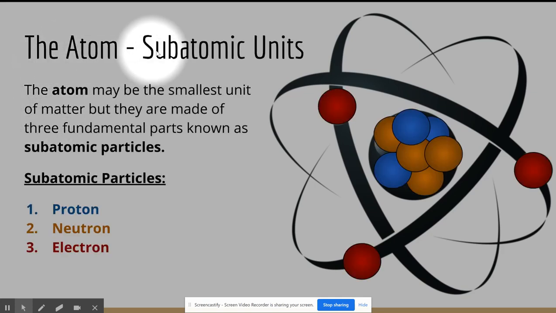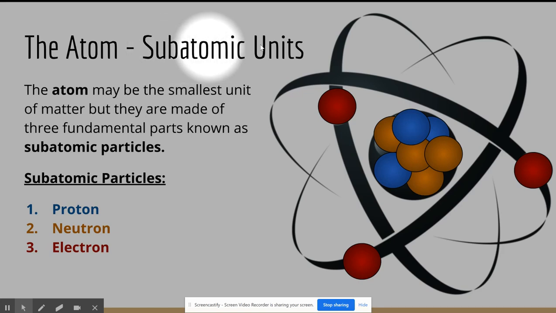The atom itself is actually made of smaller individual pieces known as subatomic particles. Sub means below. If you think of the word submarine, the submarine goes below the ocean. So subatomic means below an atom, or smaller pieces of an atom.